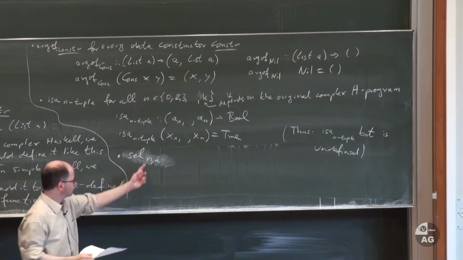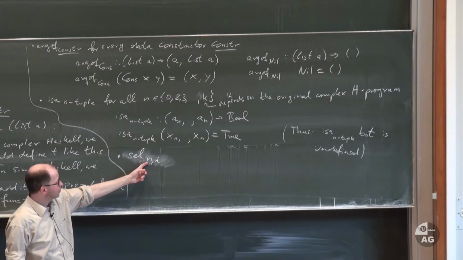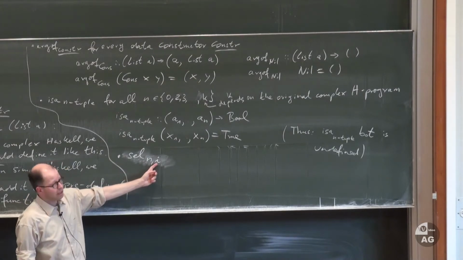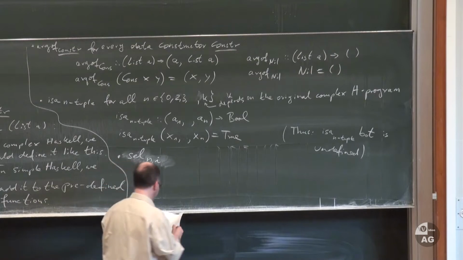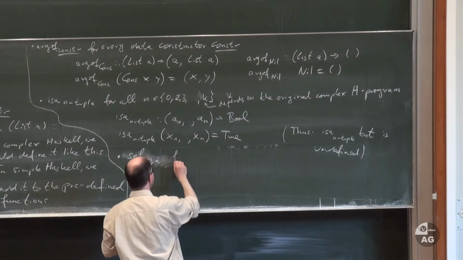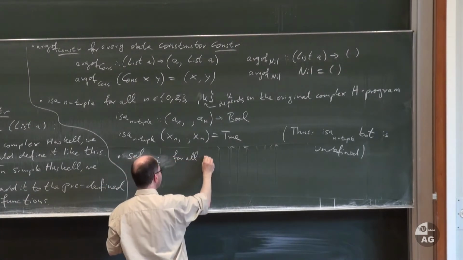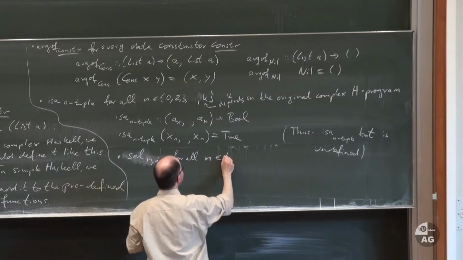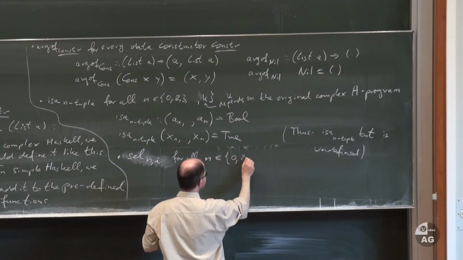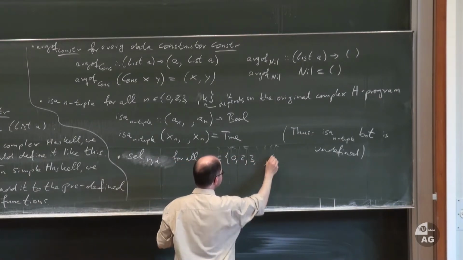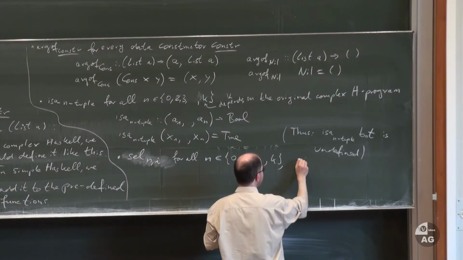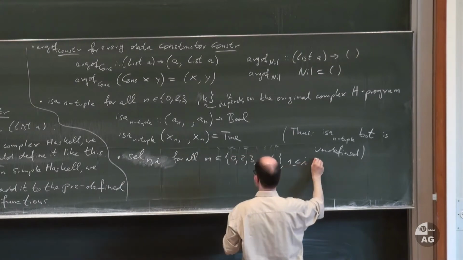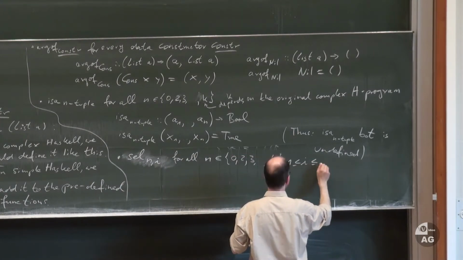And for every tuple with n components, we must be able to select the first argument, or the second argument, or the nth argument. So we need these functions cell n i for all n, and these n are the sizes of the tuple, and for all i between 1 and n.